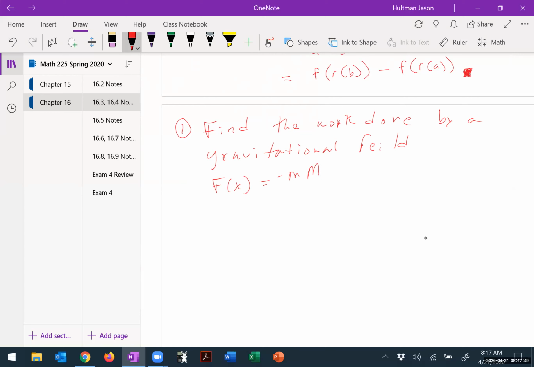This is basically two bodies, the gravity that is exerted on two bodies. Negative M, lowercase m, uppercase G, over the absolute value of x cubed, or the distance between the two bodies cubed, times x.